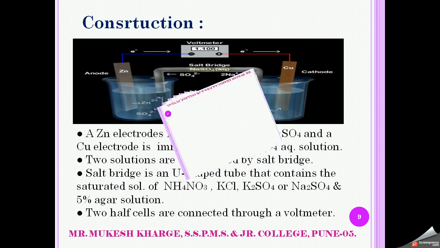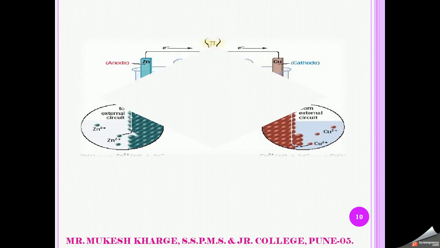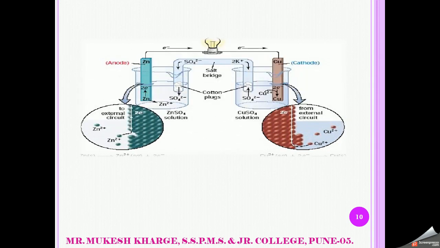Now, working of the Daniell cell. Here anode is negatively charged and cathode is positively charged.